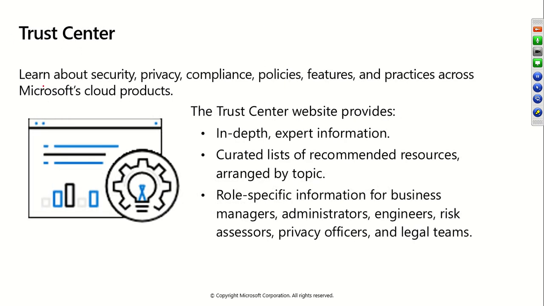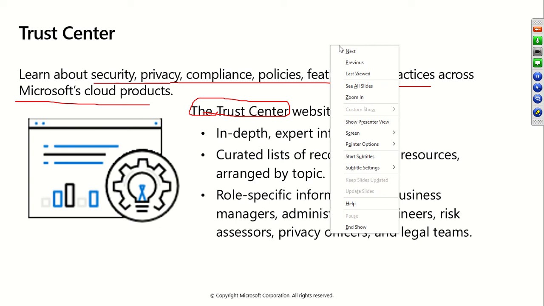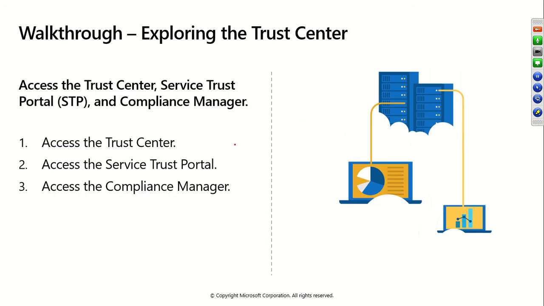Trust Center. You can learn more about security, privacy, compliance, and different products of Microsoft from a website called Trust Center. This is good for those who have not adopted cloud or those who are using Azure Cloud for a minimal service. You can go to Trust Center to get in-depth expert information that can help you make a business decision about adopting Azure Cloud.